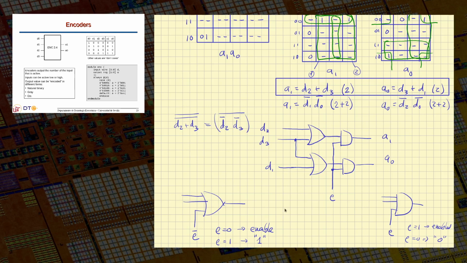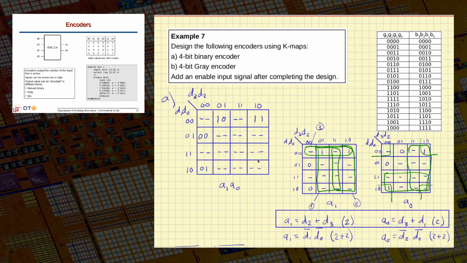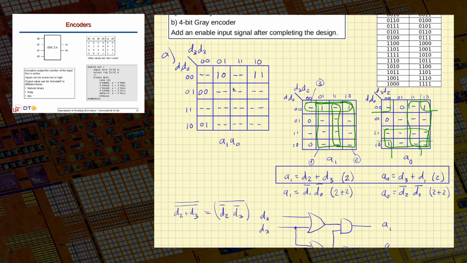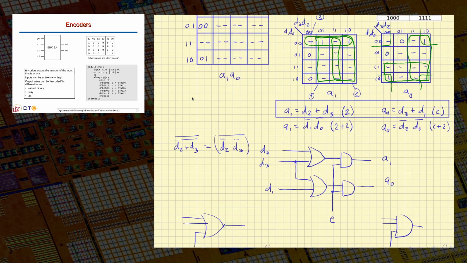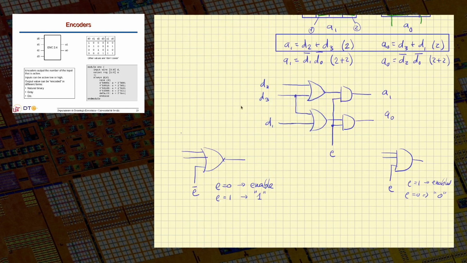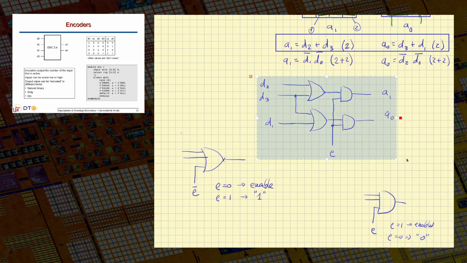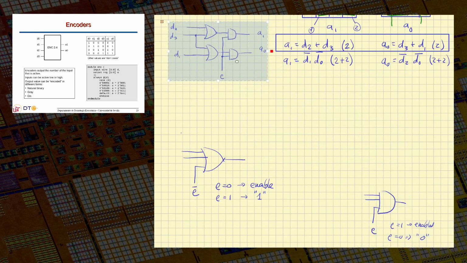Now the problem also says to implement a 4-bit gray encoder. So what does that mean if you want to do a gray code encoder? The implementation is very similar. So let's clean this up a little bit. Let's move things around so we can draw everything on the same page.